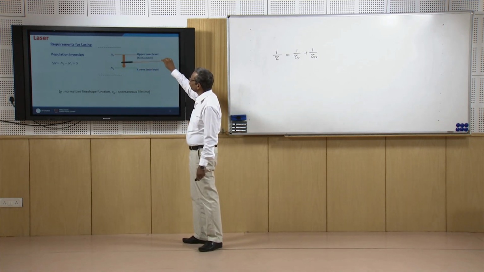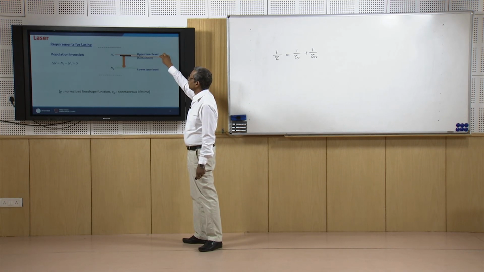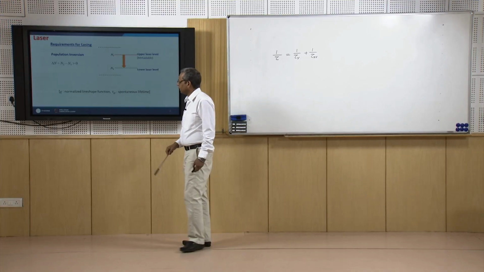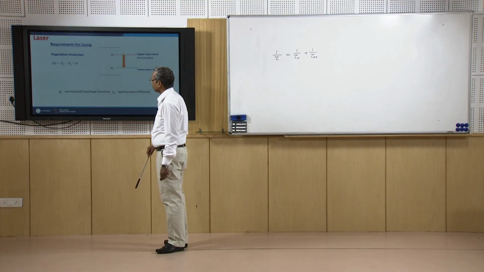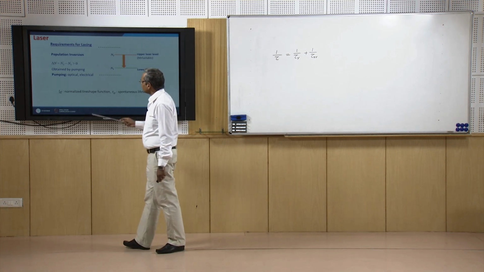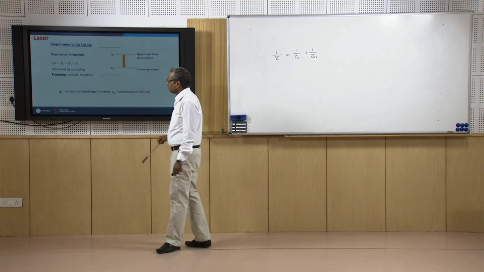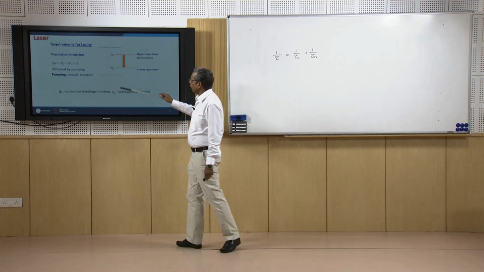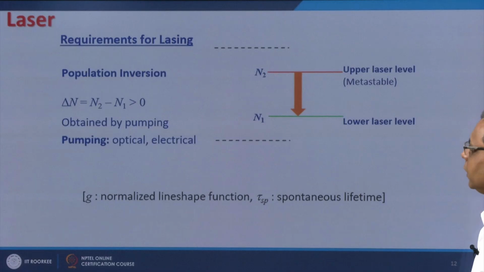I should have more atoms in the upper state than in the lower state, so that there would be downward transitions and I have optical, radiative output. This is obtained by pumping, which can be optical or electrical. You have to lift atoms from the lower level to the upper level using a pump. In diode lasers, it is electric pumping, by injection current.